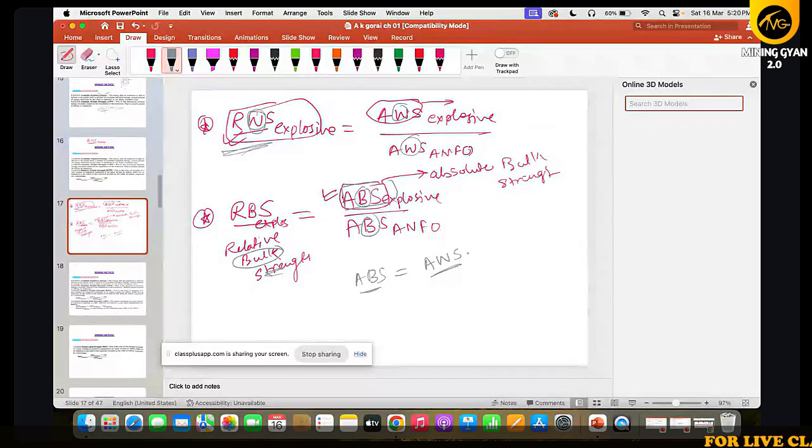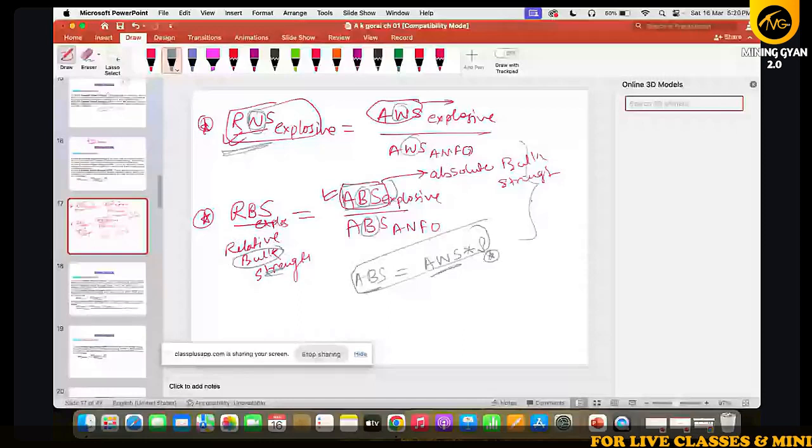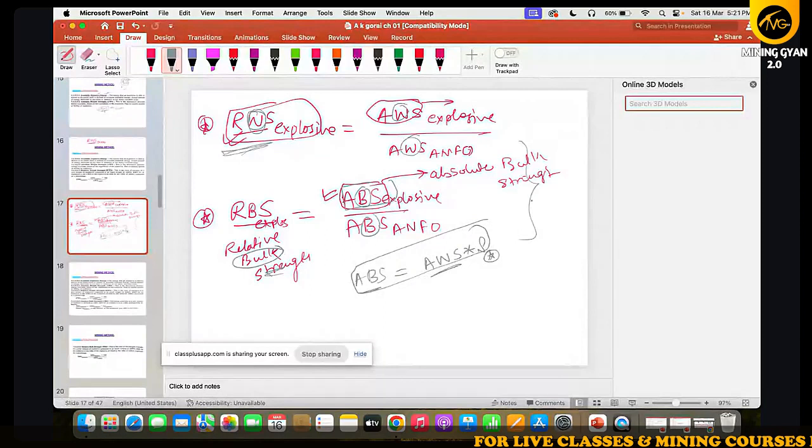You should remember these three things to solve this type of question, ठीक है. एब्सोल्यूट वेट स्ट्रेंथ, एब्सोल्यूट बल्क स्ट्रेंथ, रिलेटिव बल्क स्ट्रेंथ, ठीक है.